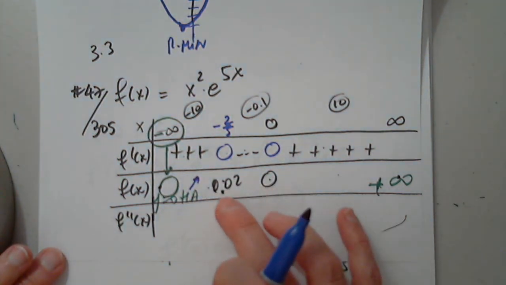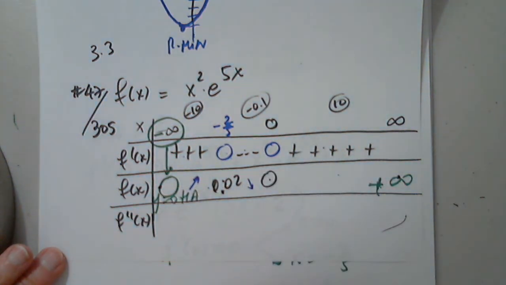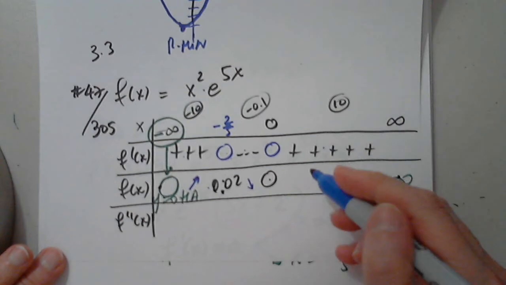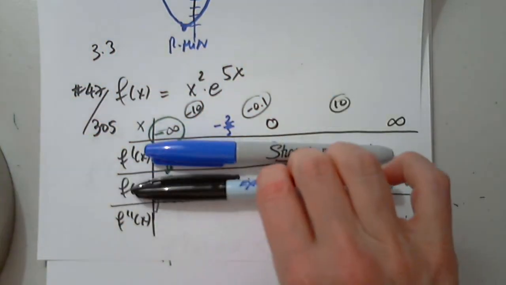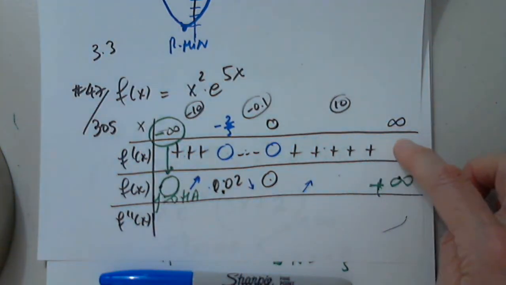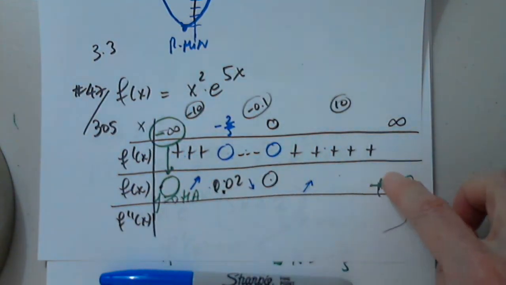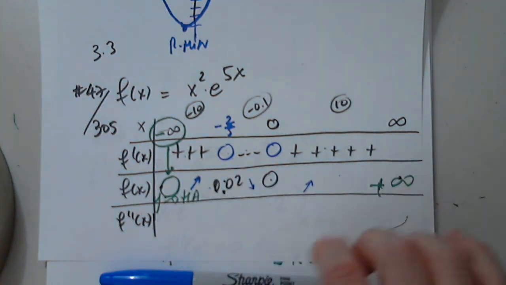From negative infinity to negative 2/5, it's barely decreasing, but it's indeed supported by the sign of the first derivative. From 0 to infinity, it's increasing. Is that supported? Yes. So now I know that these two work well together. Again, we are only studying the sign of the first derivative, not the sign of the function. The function indicates increasing, decreasing.